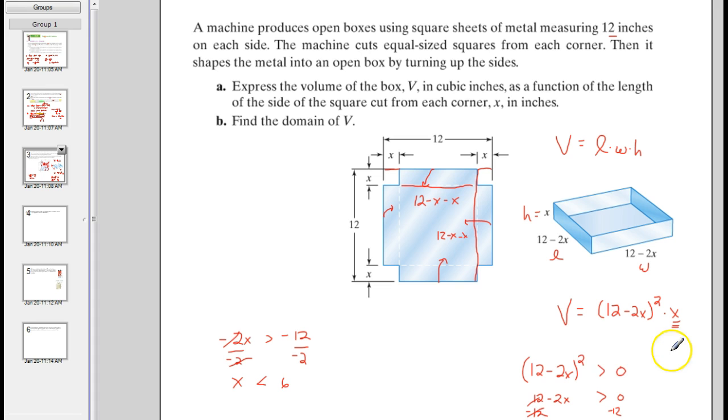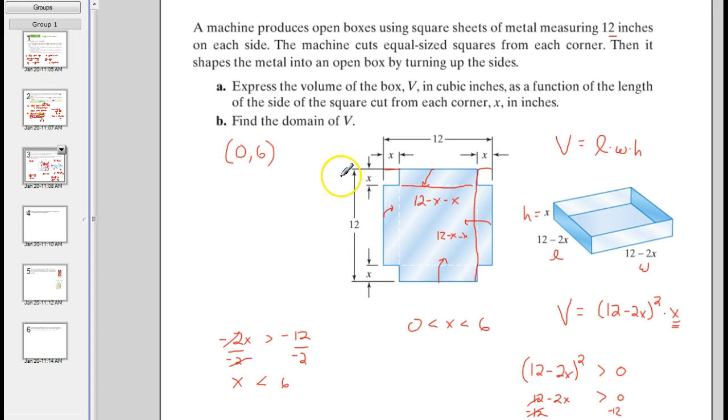So x has to be between 0 and 6 for this to have any type of value. So in interval notation, 0 to 6.